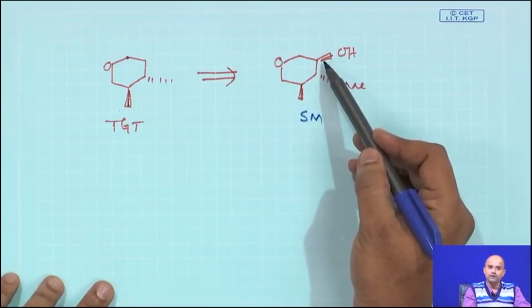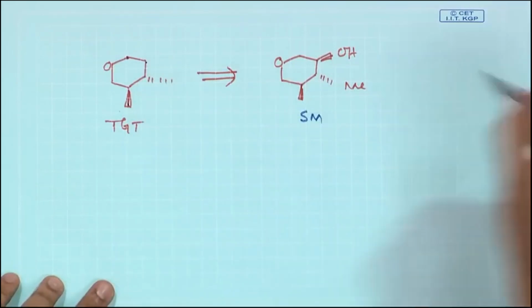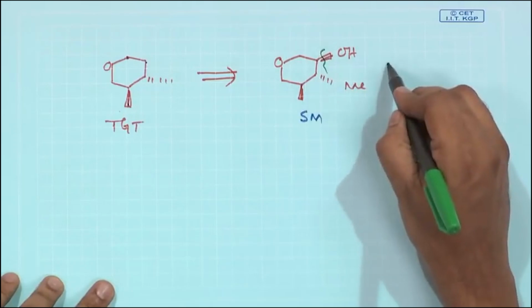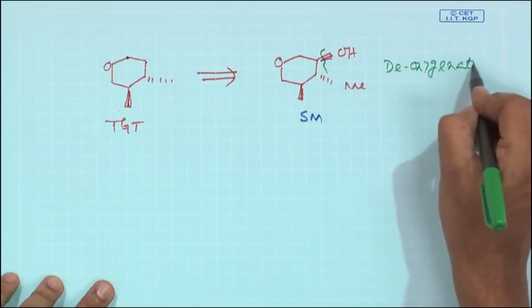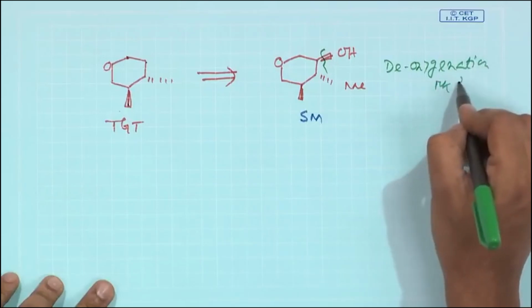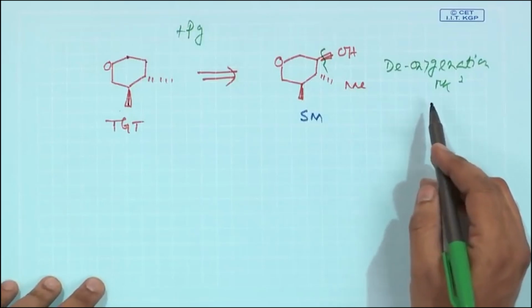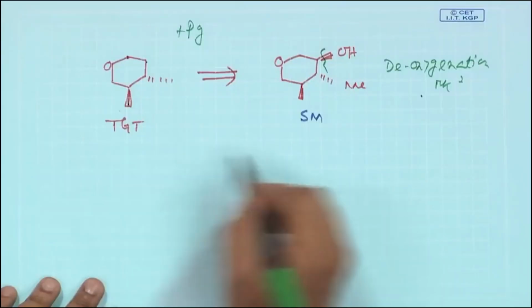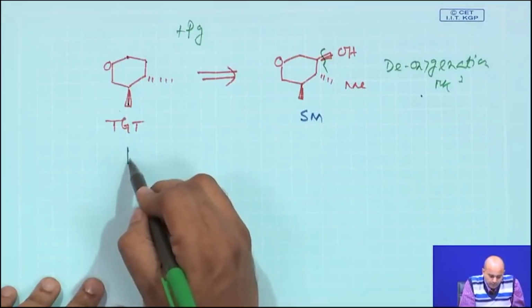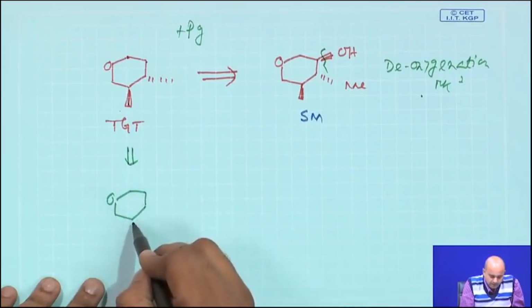If you can remove this alcohol, that will basically give you the carbon-hydrogen bond. So, in reality you need to do a deoxygenation reaction. Now, as I said, we will be using protecting group based chemistry. This kind of deoxygenation reaction we will discuss when we talk about redundant functionality. So, for the time being we will be using a different strategy. What will we do in the retro? The retro now will be based on a very conventional and classical retro.